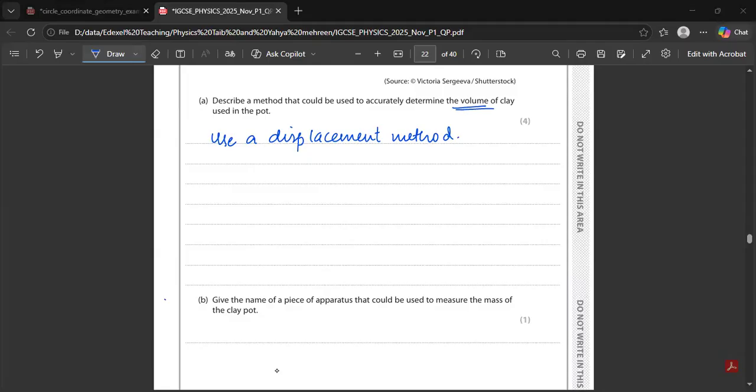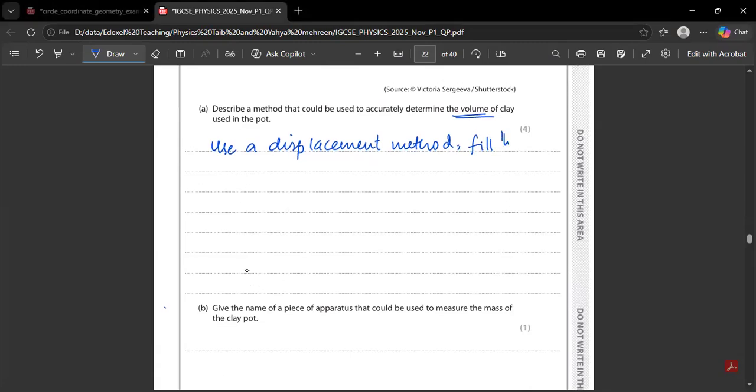What we will do, we will fill the pot with the water, okay, then fill the pot with water.